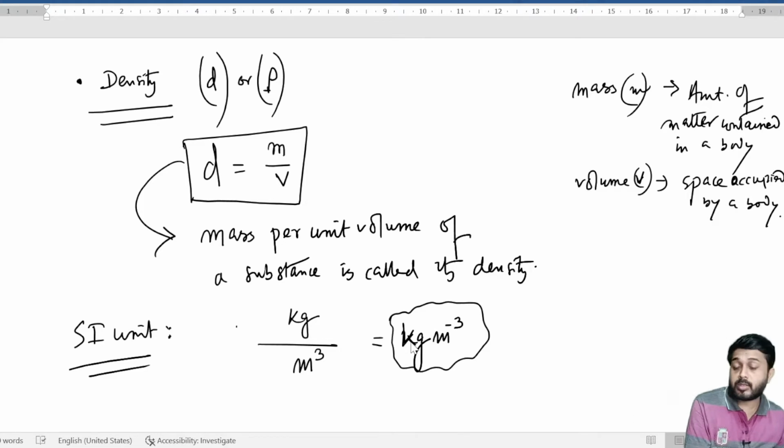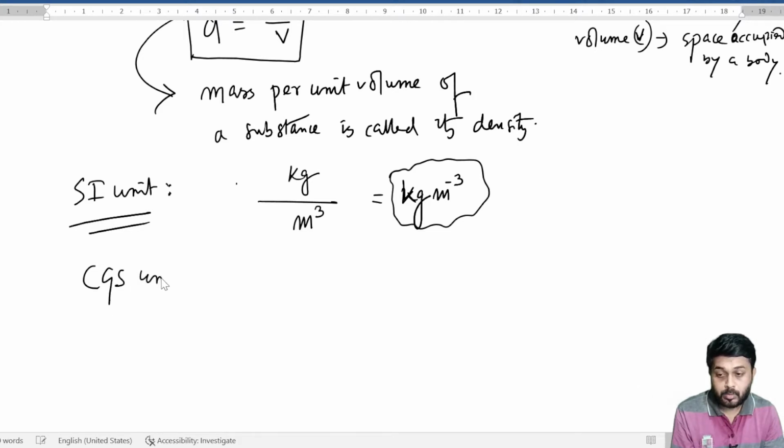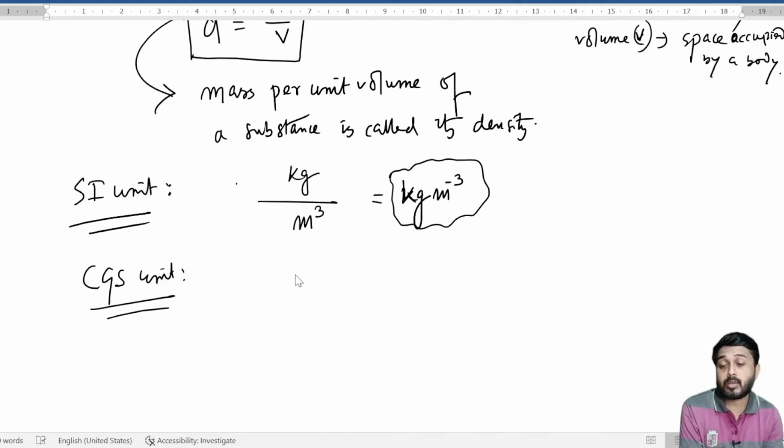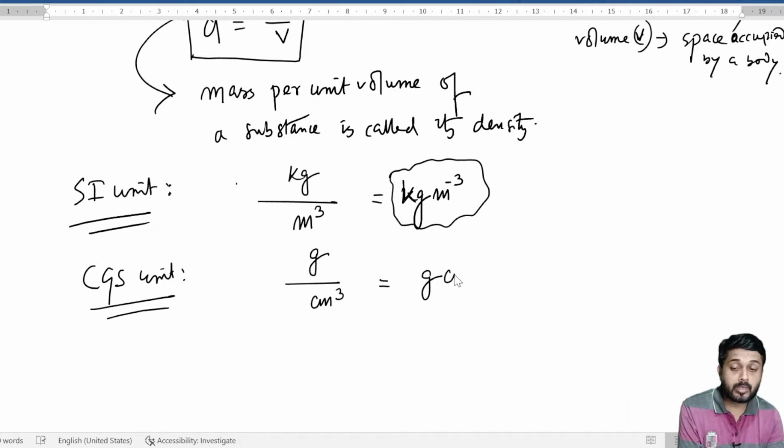And what should be the CGS unit of density? The CGS unit of density is gram per centimeter cube, because you know the CGS unit for mass is gram and the CGS unit for volume is centimeter cube. So all you're getting is gram centimeter to the power minus 3. That is same as gram per centimeter cube.